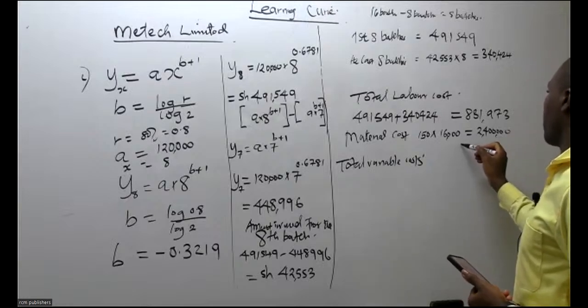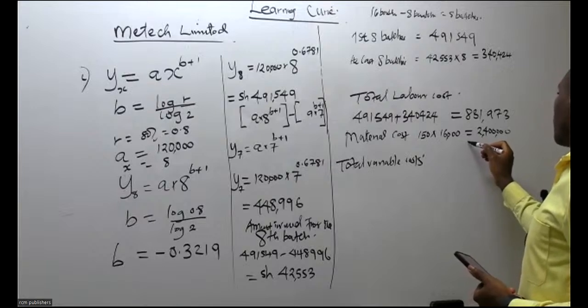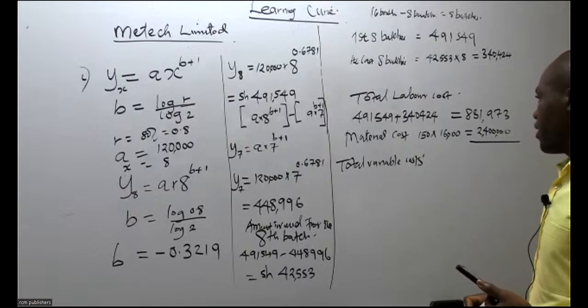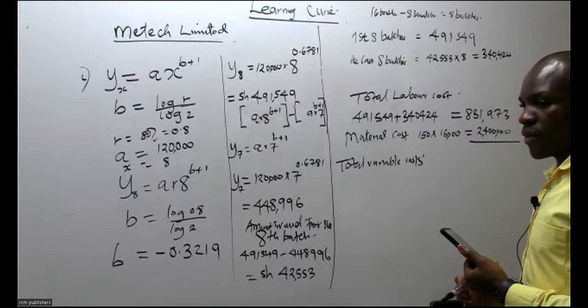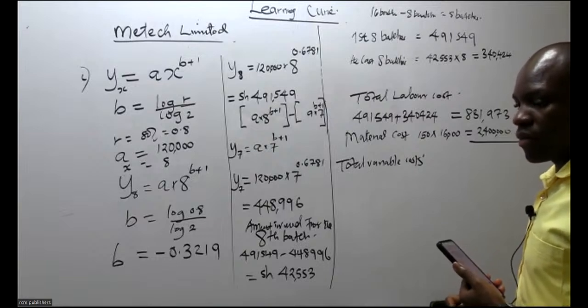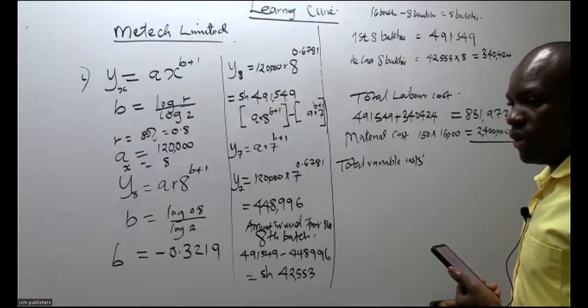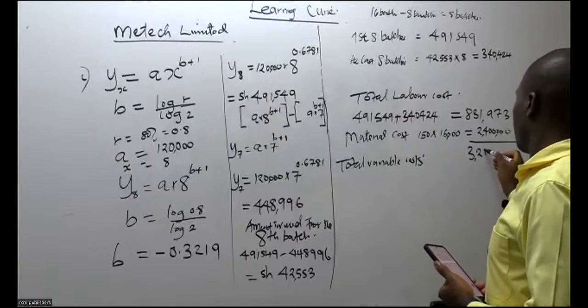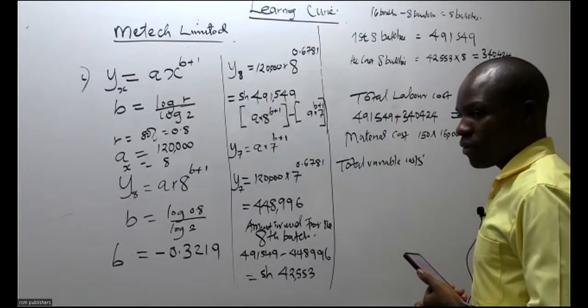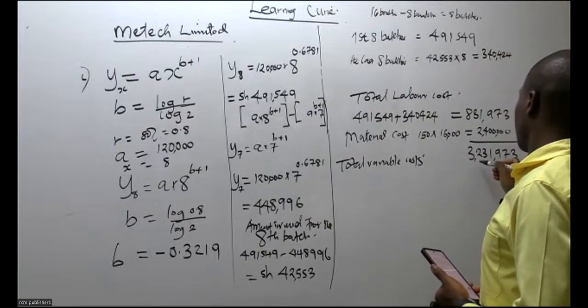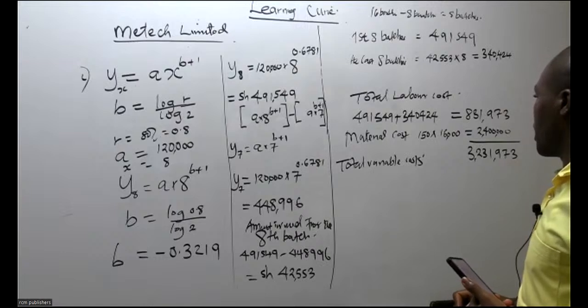So if you add everything, what will you have? Is it 3 million? If you add this plus this, what will we have? 3,231,973.